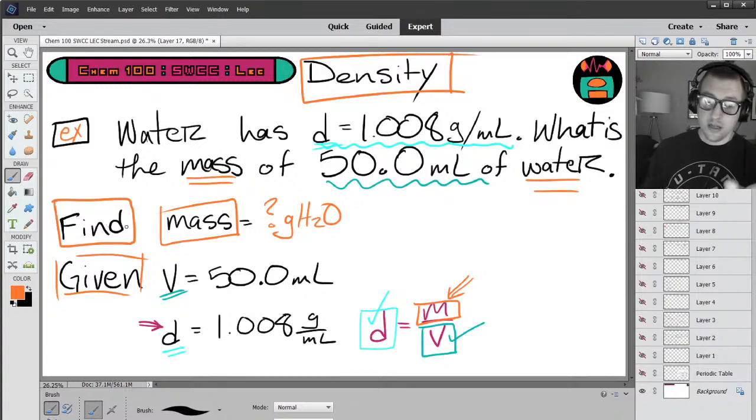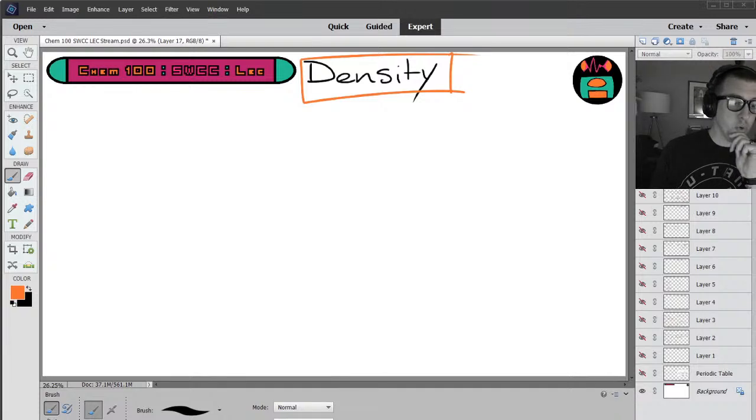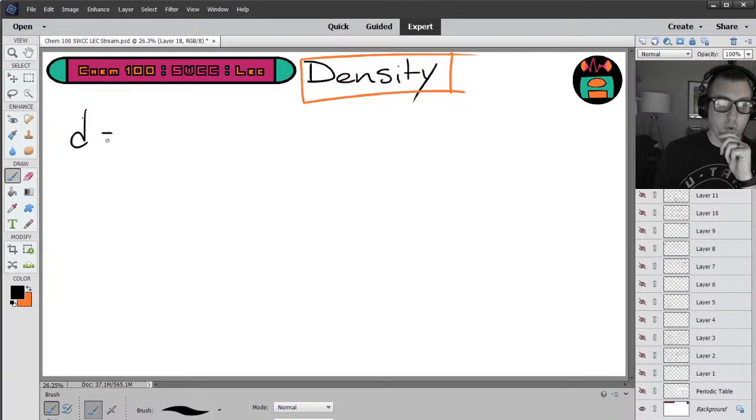All right. So now that we've identified the roadmap, let's actually do some algebra and solve this problem. All right. So we identified that we know the density of water.